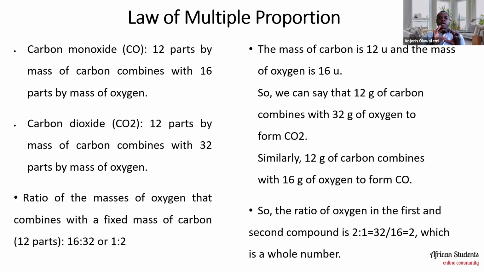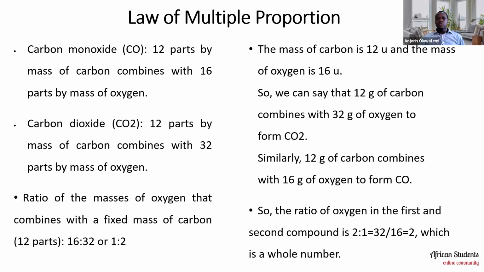Now, if you look at it closely, you discover that a particular element is fixed while the other one is varying. But when you work it out, you still discover that the ratio that you should get will be a whole number. And that's why the ratio of the masses of oxygen that combines with the fixed mass of carbon, 12 parts now, is ratio 16 to 32. How did we arrive at that?